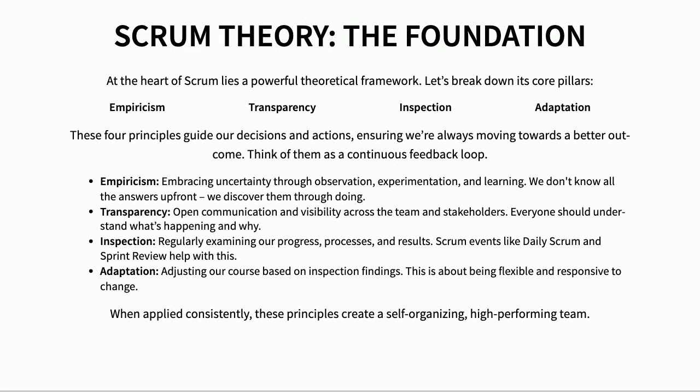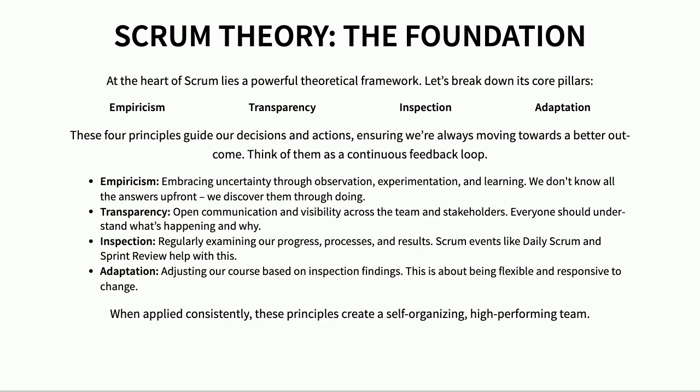Okay, let's talk about the core Scrum theory. It's built on 4 key ideas: empiricism, transparency, inspection, and adaptation. Empiricism means we don't expect to have all the answers at the start. We learn as we go by observing, experimenting, and reflecting. Transparency is huge. It's about open communication and making sure everyone understands what's happening with the project.